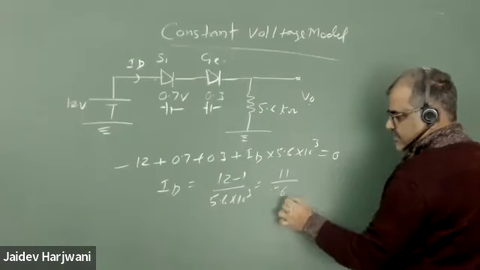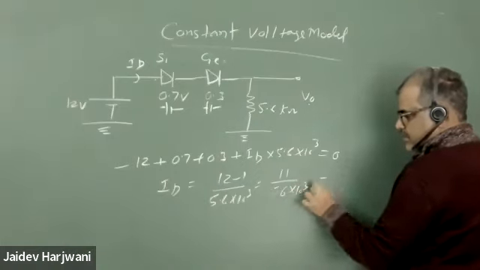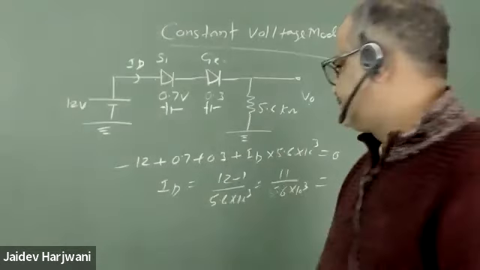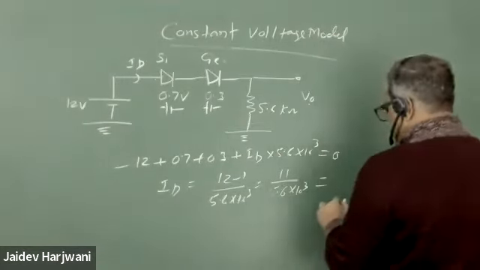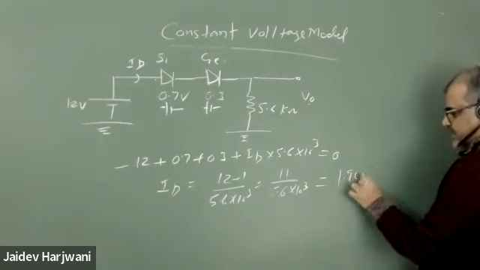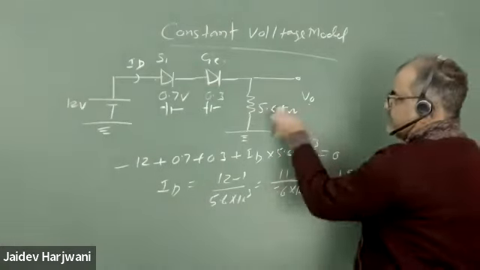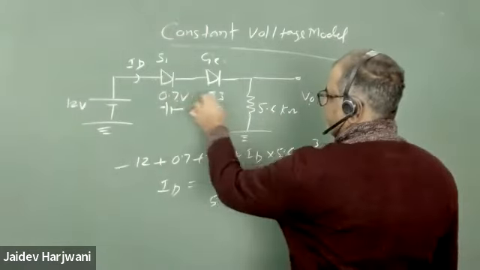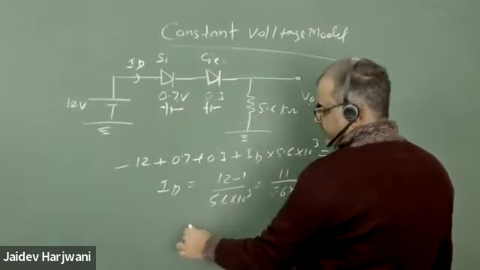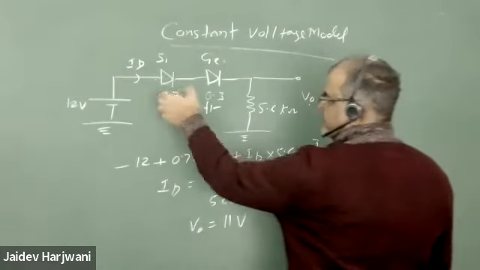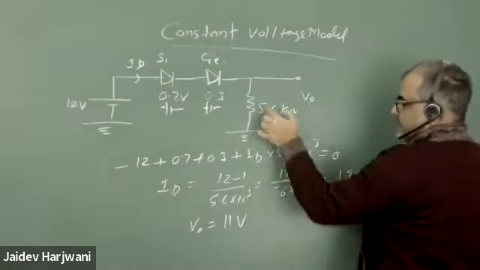How much should come? 1.96. This will come 1.96 milliampere. And V naught is obvious: 0.7 here, 0.3 here, and the remaining V naught will be 11. Out of 12, 1 is dropped here, so 11 will be here.